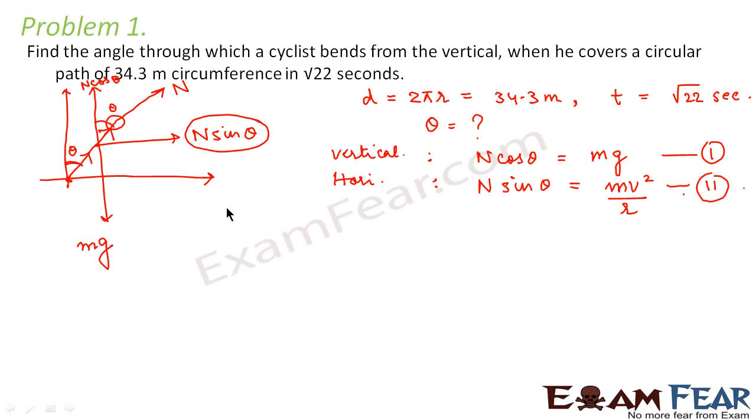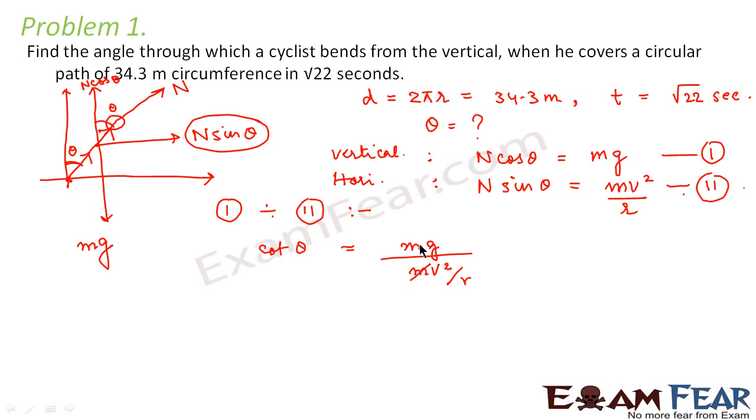Now let us divide equation 1 by equation 2. So what do we get? We get cot theta is equal to mg divided by mv square by r.